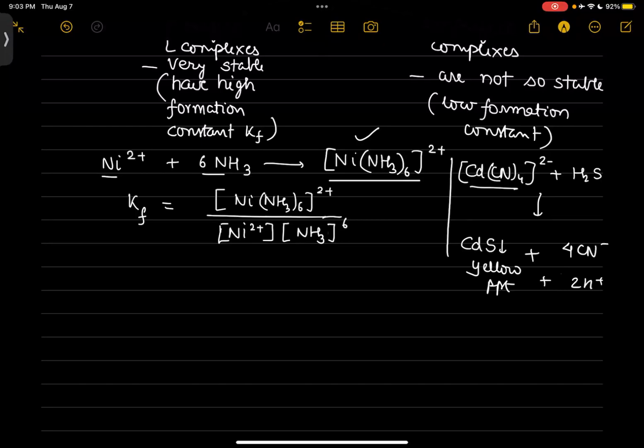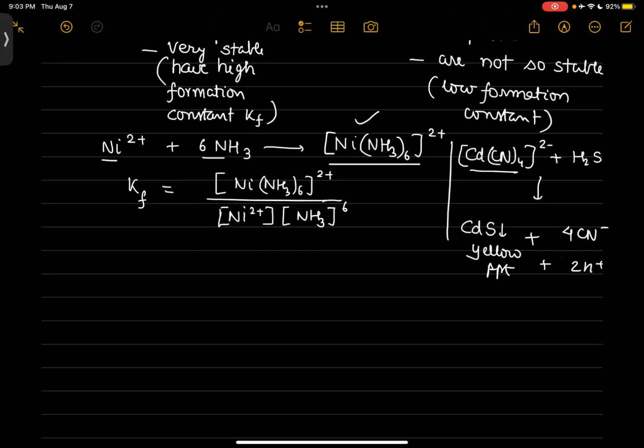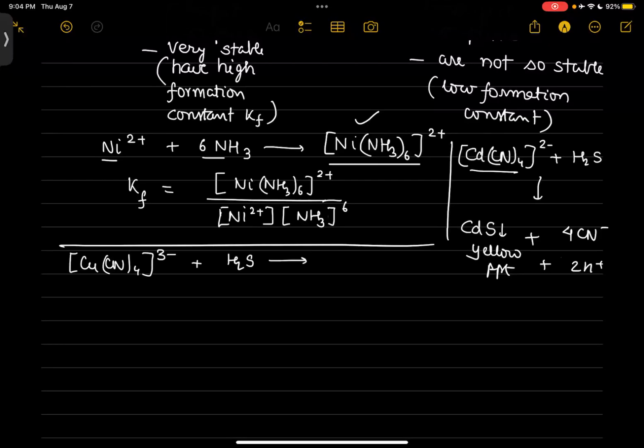I will take a similar complex of copper, having cyanide ions, copper plus 1, and I pass H2S gas through it. No change or no precipitate of Cu2S is observed.